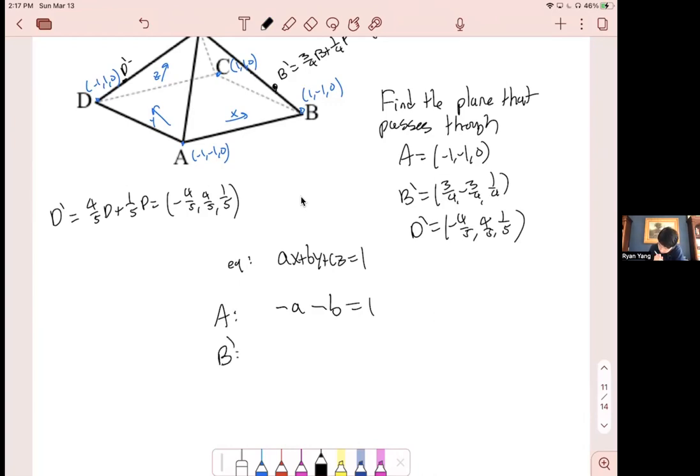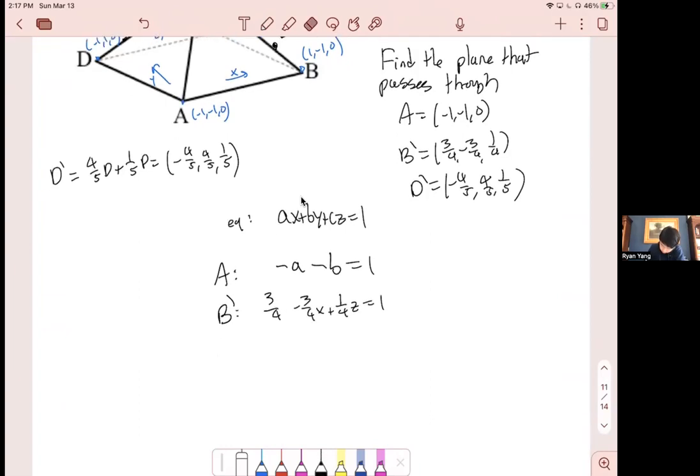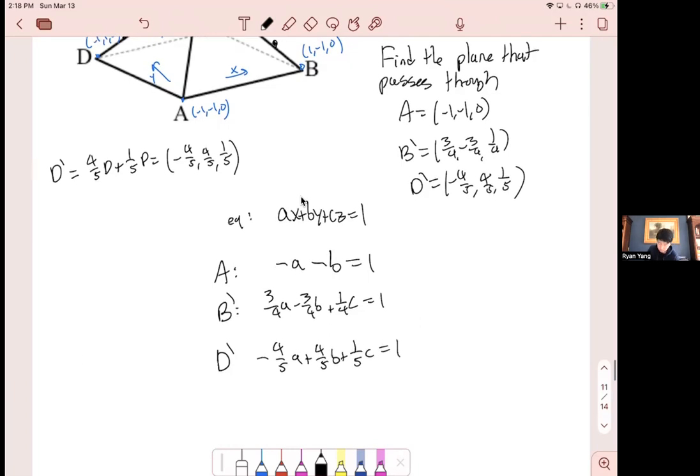For point B prime, this gives us 3/4 a minus 3/4 b plus 1/4 c is equal to 1. And for D prime, this gives us -4/5 a plus 4/5 b plus 1/5 c is equal to 1.